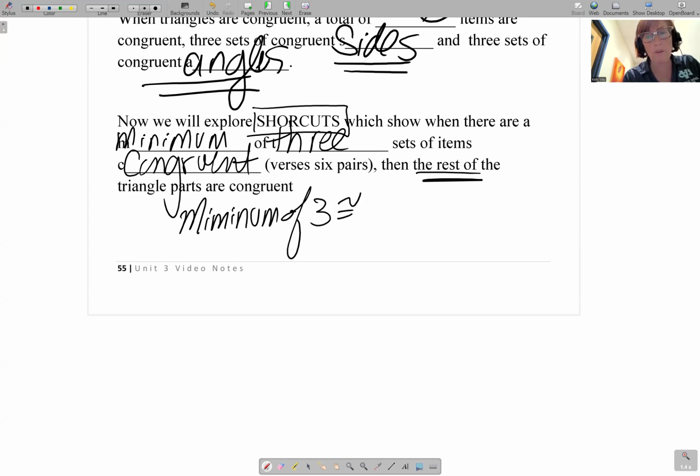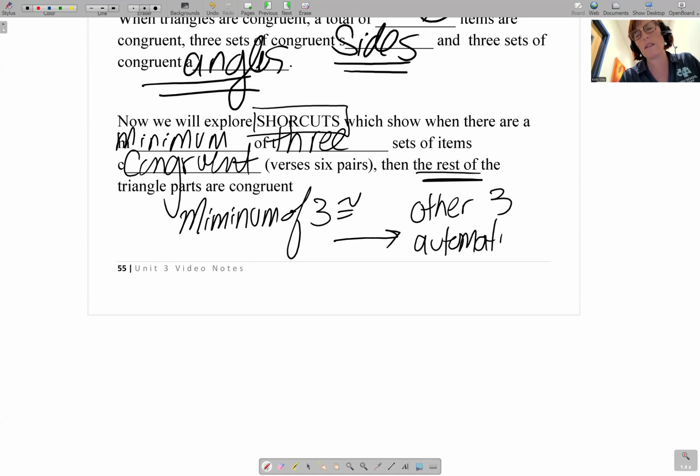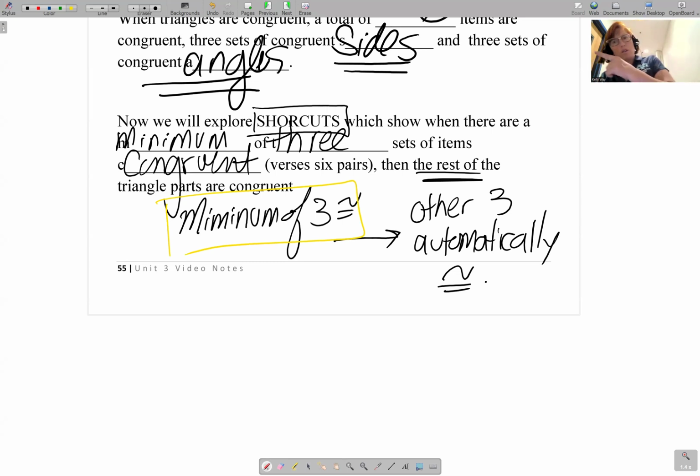If you have a minimum of 3, then you get the other 3 automatically congruent. It has to be in a certain order, and it forces the other three to automatically be congruent. That's why it's called a shortcut.